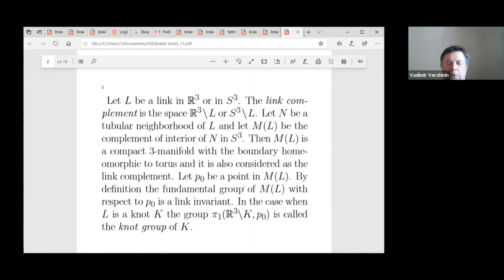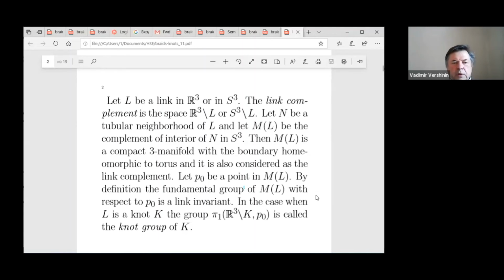So the interior of N is an open space in S3. The complement is a closed set, actually it is a 3-manifold with the boundary equal to torus. So the complement ML is the compact 3-manifold with boundary homeomorphic to torus.